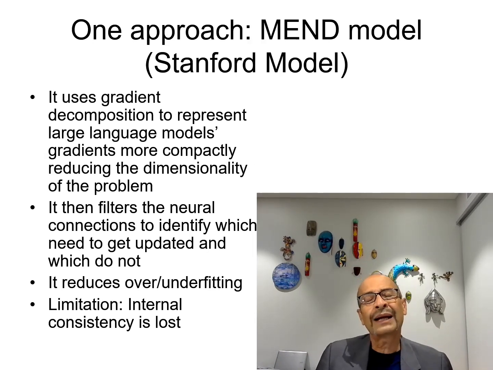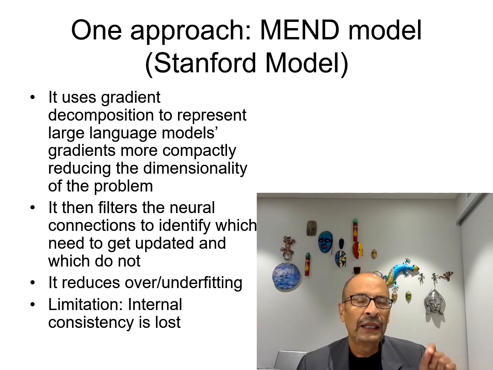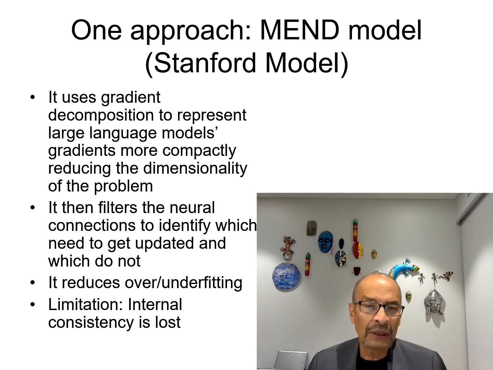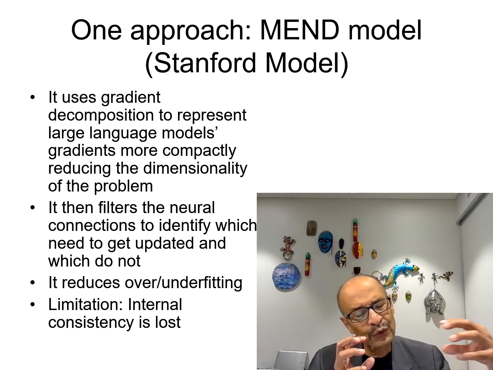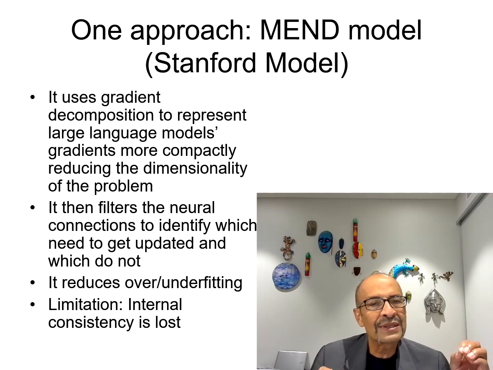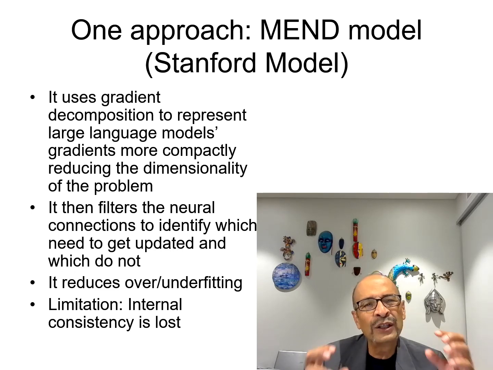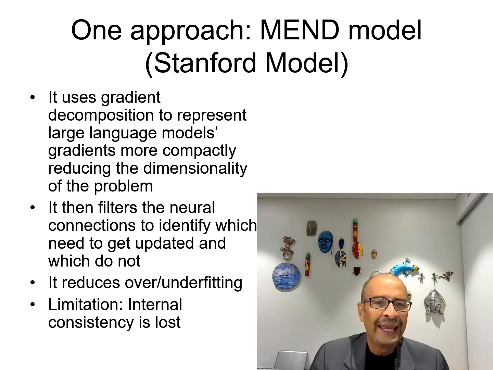So are there different approaches to fix this problem? Yes. One approach is taken by what is so-called the MEND model, which is used by a group of Stanford researchers. So what they do is, in order to do this kind of sequence setting, it uses what is called a gradient decomposition, and that's the basis of all large language models.